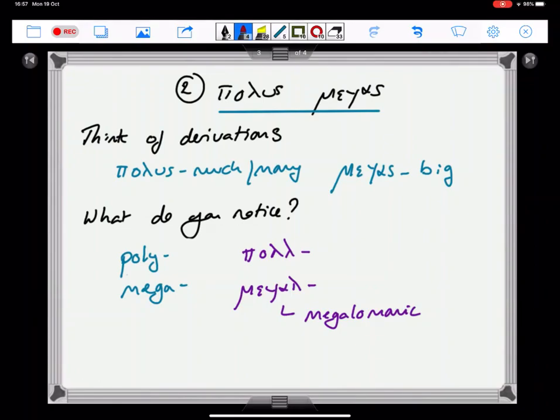In the nominative and accusative masculine singular, there is the shortened stem.